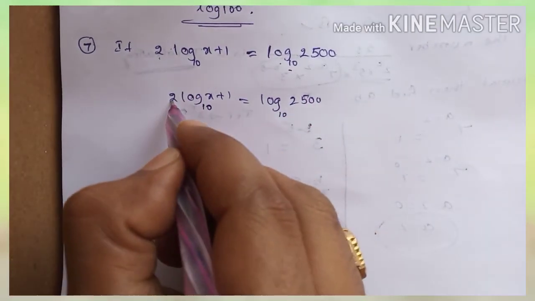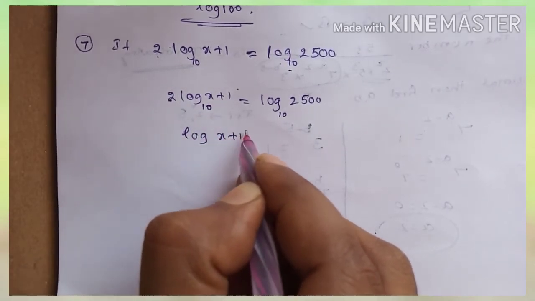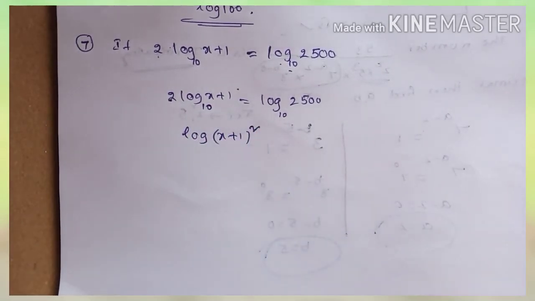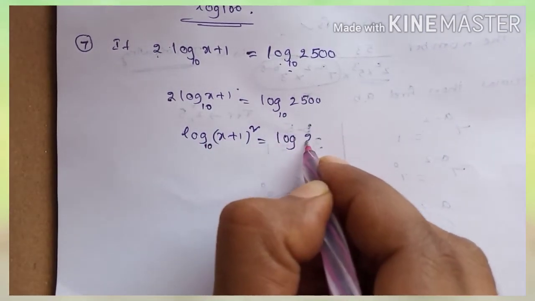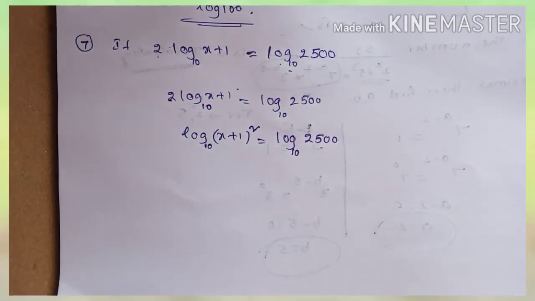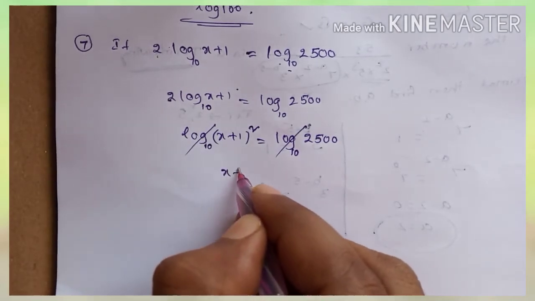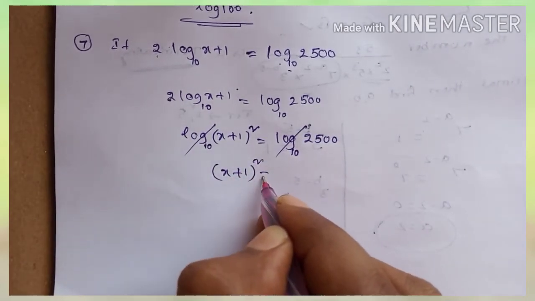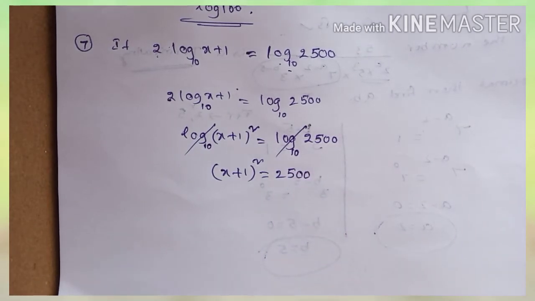Now the coefficient you can write as power: logarithm of (x plus 1) whole square to the base 10 is equal to logarithm of 2500 to the base 10. On both sides the log cancels, so (x plus 1) whole square is equal to 2500.